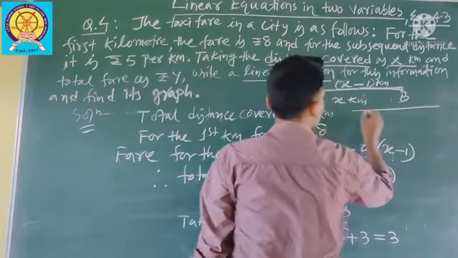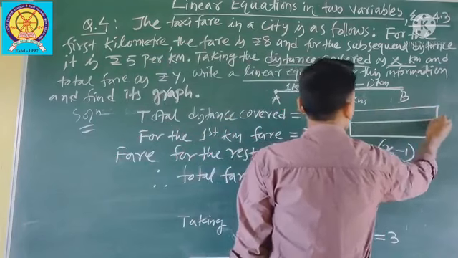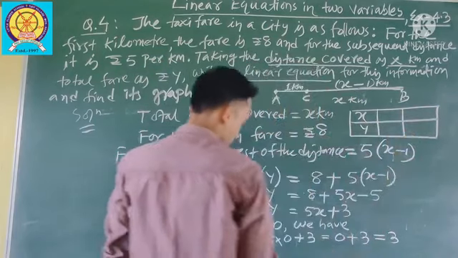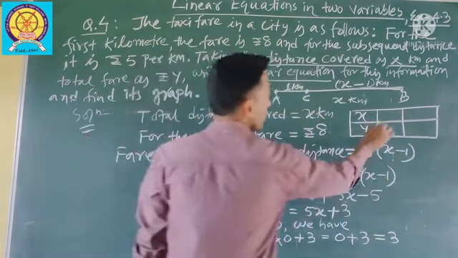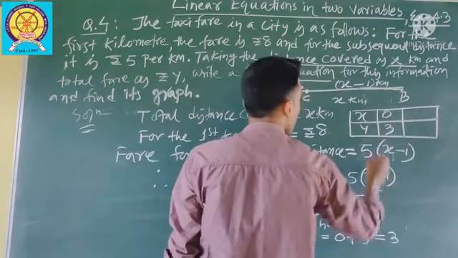So the first coordinate (x, y): when we take x as 0, at that time y is 3.